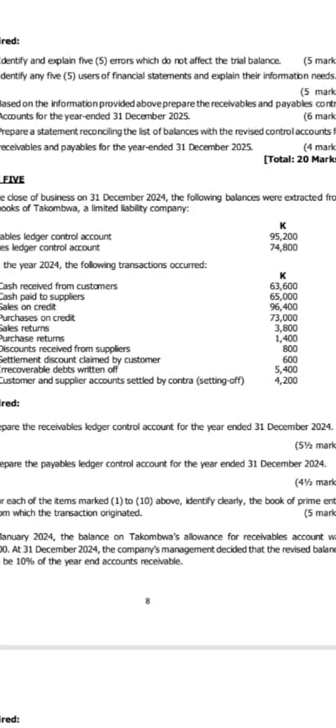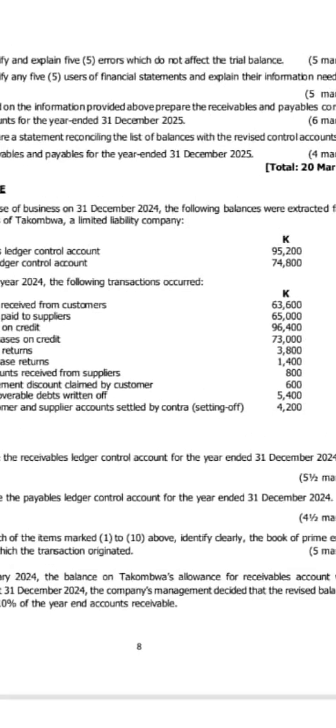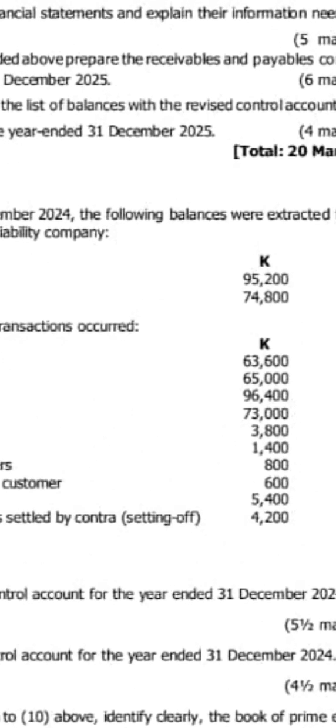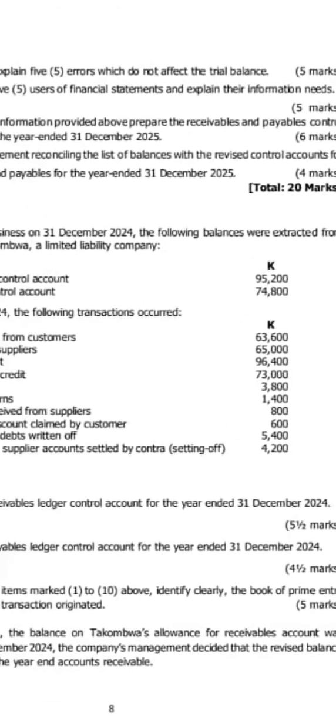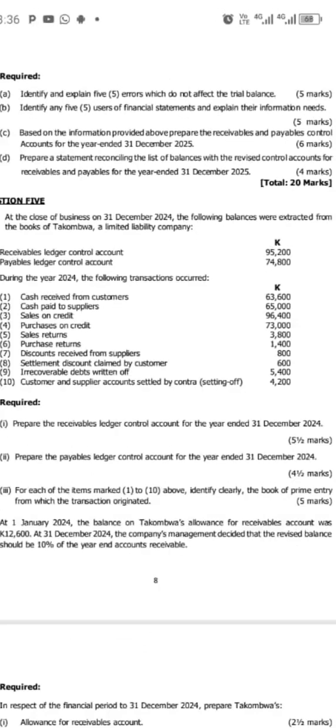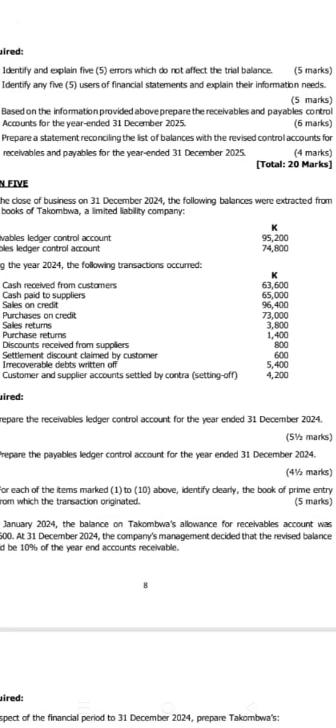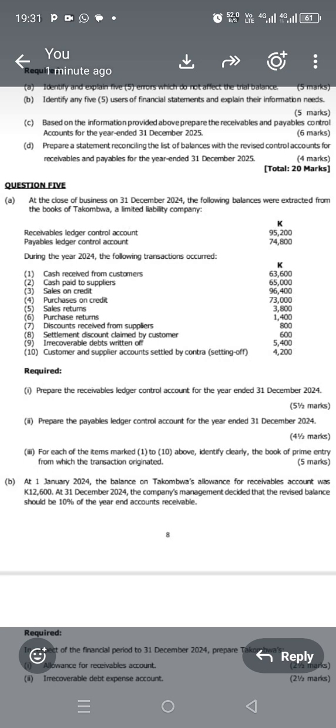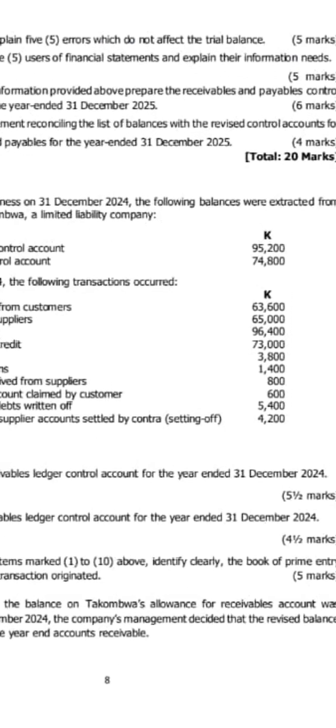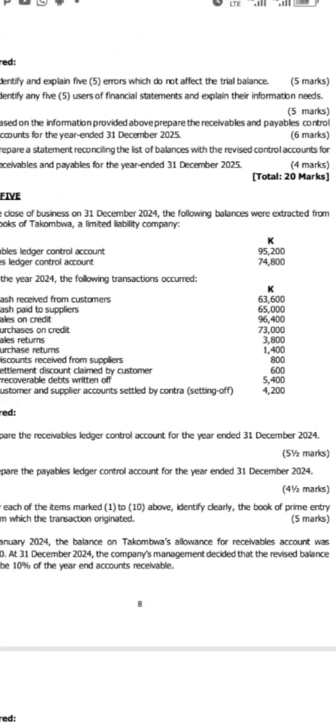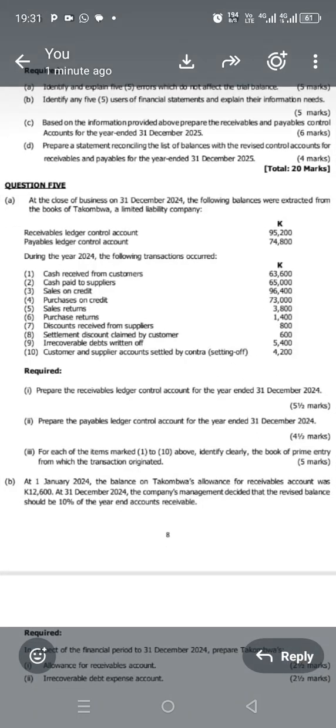There is a debit side as well as a credit side. The debit side is where we are going to record this figure for the receivable. Anything that increases this figure, we record on the debit side. Anything that reduces this figure, we record on the credit side.